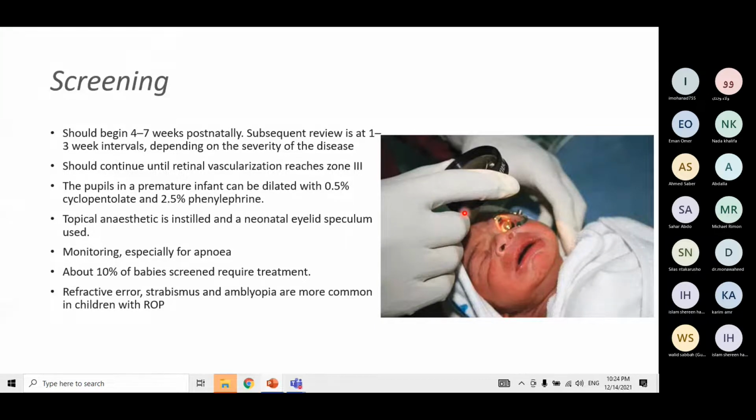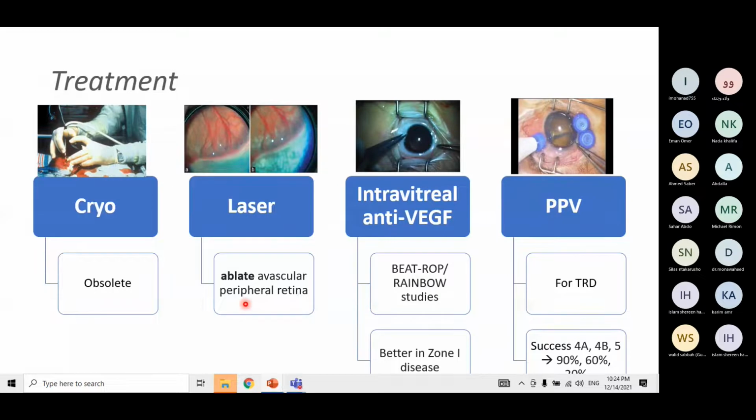We need to know that even after complete vascularization of the retina, those infants are more prone to refractive errors, strabismus, amblyopia. So we need to keep a long-term follow-up of those infants. The treatment, in the past, we used cryotherapy, but this is obsolete now.